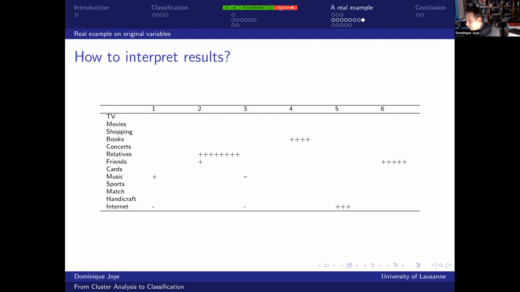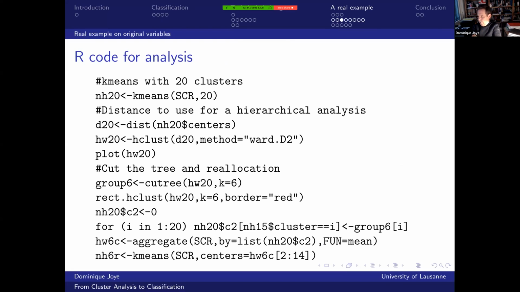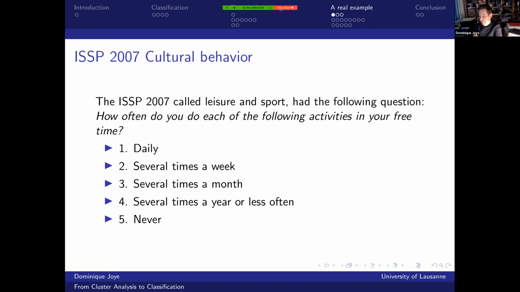Because if you look at television every day, and most people look at TV every day, more or less everybody will have a high score on television, and so television will have some impact in the classification. Whereas an activity like going to a concert, of course, nobody is doing that every day.